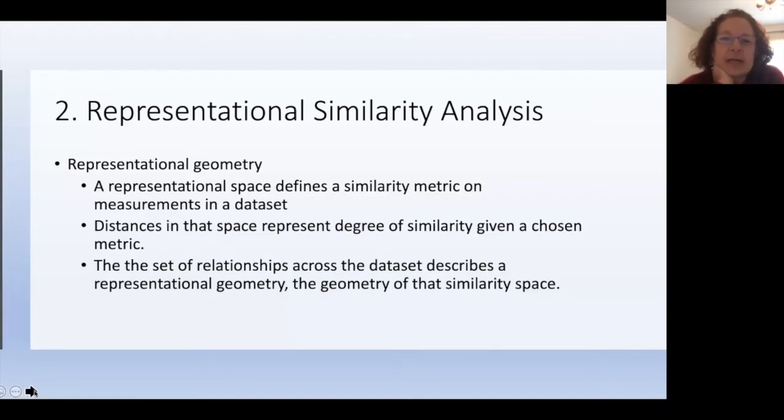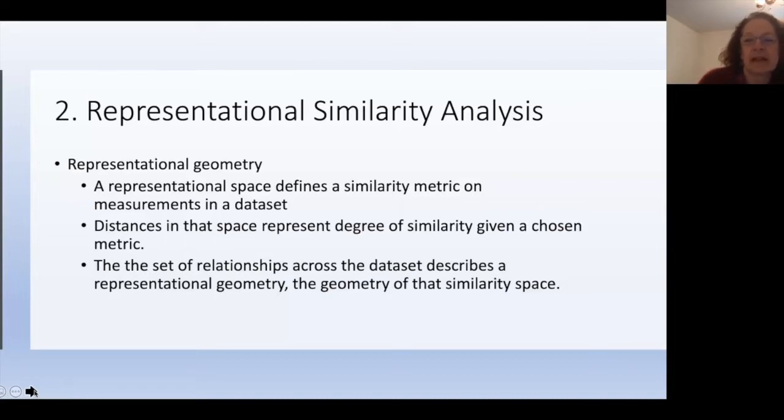So think about a representational space, which can be defined in terms of a similarity metric that characterizes a data set, where the distance given that metric tells you how similar things in that space are. So then the set of relationships across that data set describes a representational geometry, or the geometry of that similarity space.